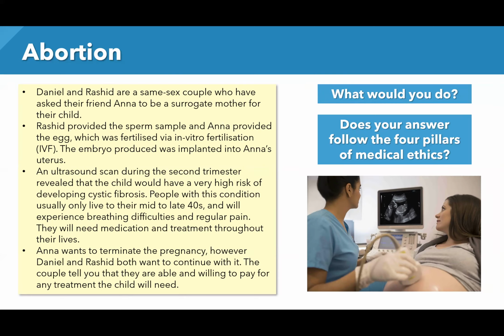Because in this case, we know that Daniel and Rashid are the couple who are taking care of this child, who will raise this child. It will be their child. So some might argue that it's not Anna's responsibility, or it's not her decision to be made as to whether this child should be born or not, since she is just allowing the baby to be born via her uterus, because obviously Daniel and Rashid are unable to have their own child in this way.